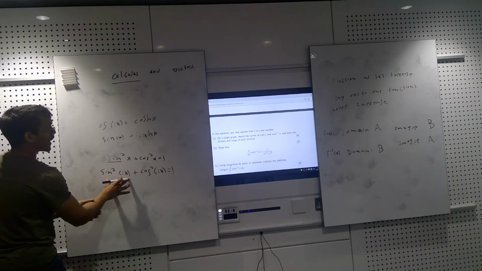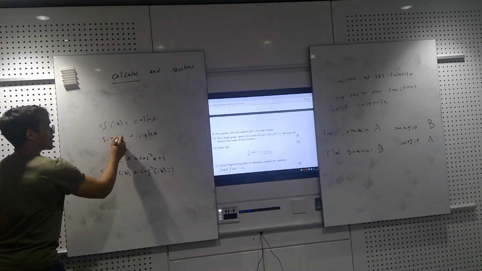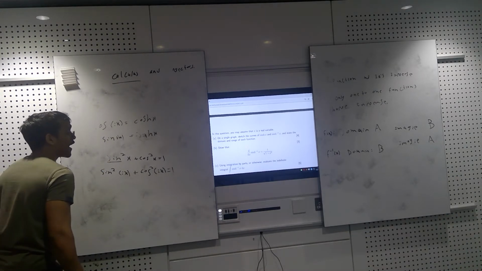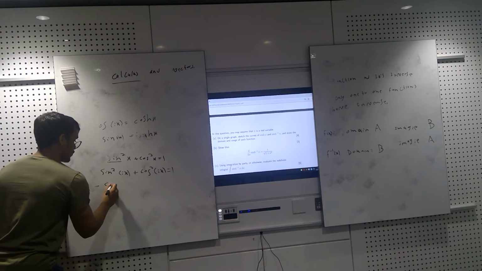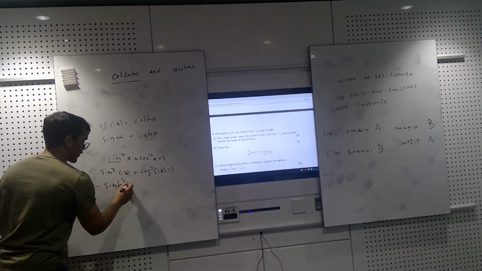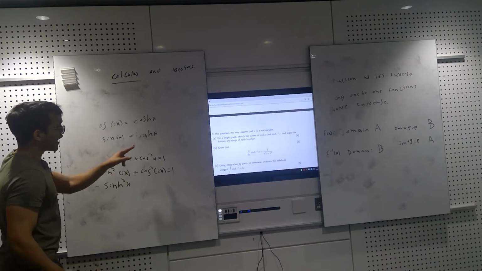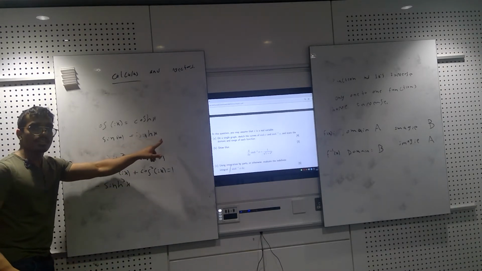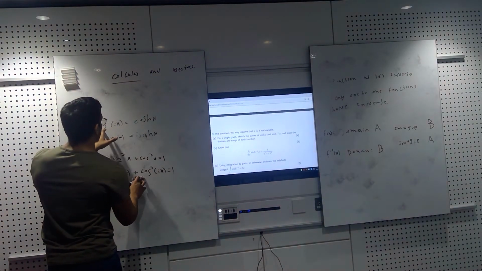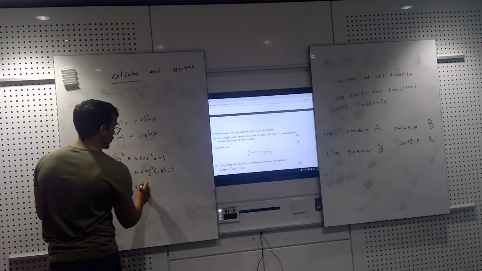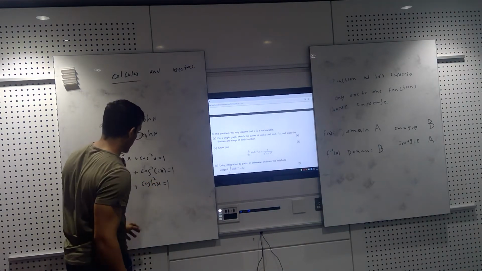This is sine of ix all squared, and sine of ix is i sinh of x, and once you square i, it becomes negative sinh squared of x. And the cosine of ix is cosh of x, so cosh squared of x minus sinh squared of x will be equal to 1.